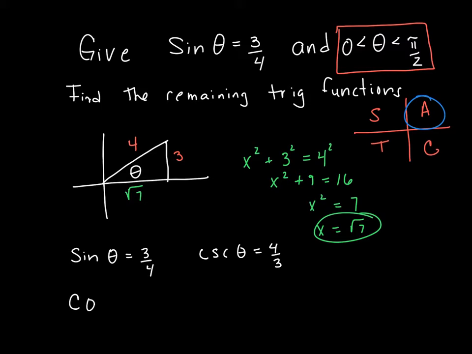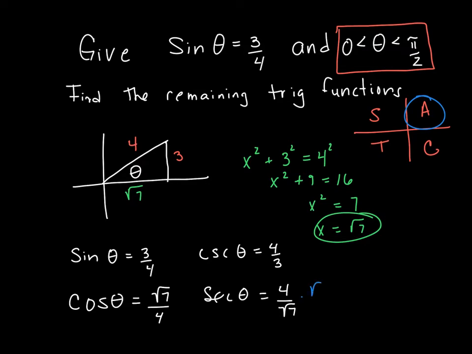The next one is the cosine of theta. Cosine of theta is that x value that we found, the square root of 7 over 4. The reciprocal of that is the secant of theta, which is 4 over the square root of 7. But we have to rationalize it.